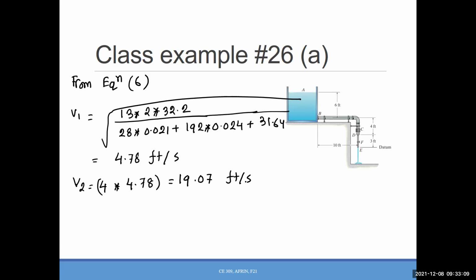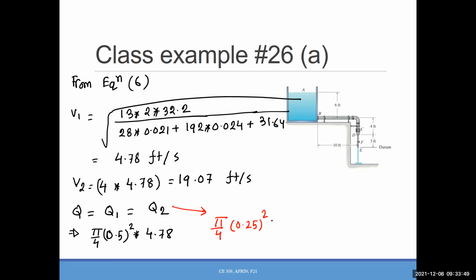Now, since our final objective was to calculate Q, technically you don't need to calculate the V2 here, because using V1 you can calculate the Q. But just to check your calculation, it's always good to calculate V2, and since we know Q1 equals Q2, you can do pi over 4 times 4.5 square multiplied with 4.78, and for Q2, pi over 4 times 4.25 square with 19.07.